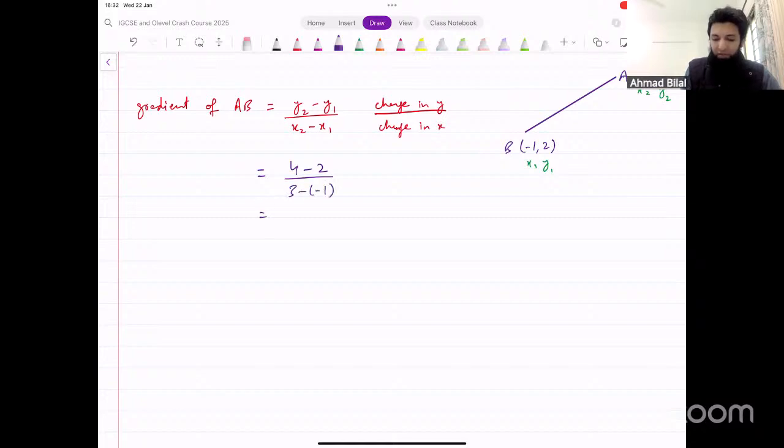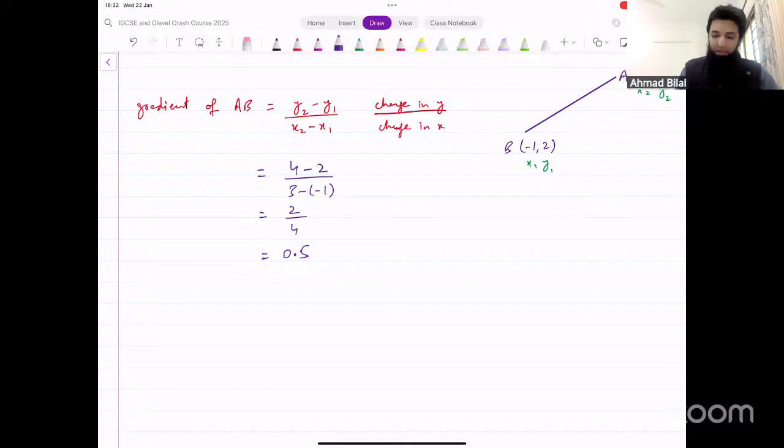What do we get from that? 2 over 3 plus 1, which is 4. And that evaluates to 1 over 2, or you can say 0.5. This is the gradient that we're getting for the line AB. The gradient of the line joining the points A and B is 0.5.